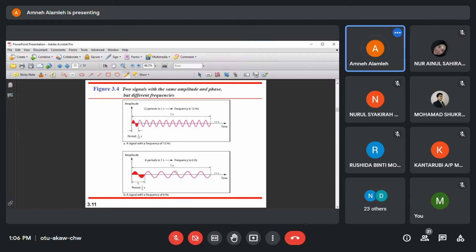So here in the example, we have two signals with the same amplitude and phase, but different frequencies. If we count, the first one is one wave in the signal.